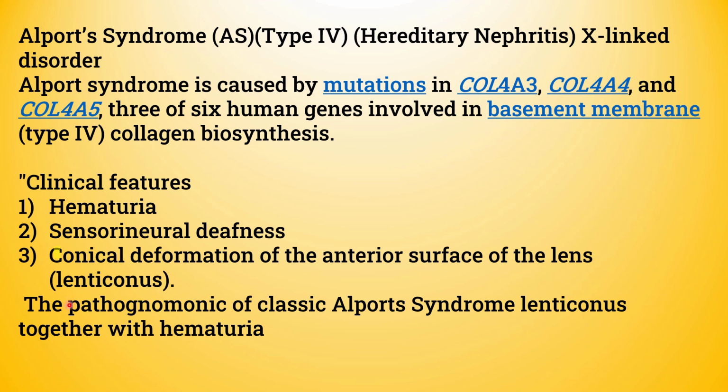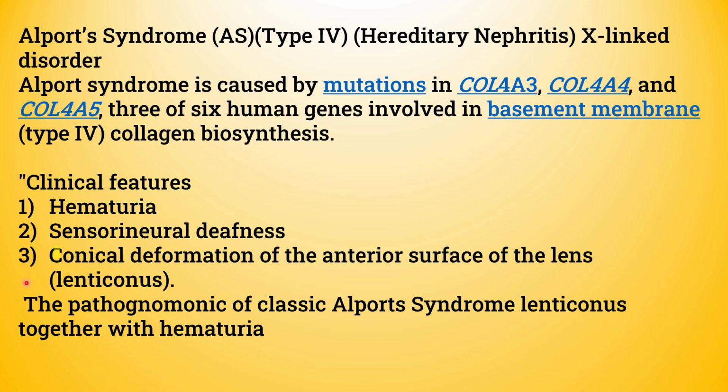In the exam, the question may be asked: what are the features of Alport syndrome, and what is the defect? The mutation is in the genes responsible for collagen formation, that is col 4A3, col 4A4, and col 4A5. The collagen involved is type 4 collagen, which is responsible for formation of the basement membrane.